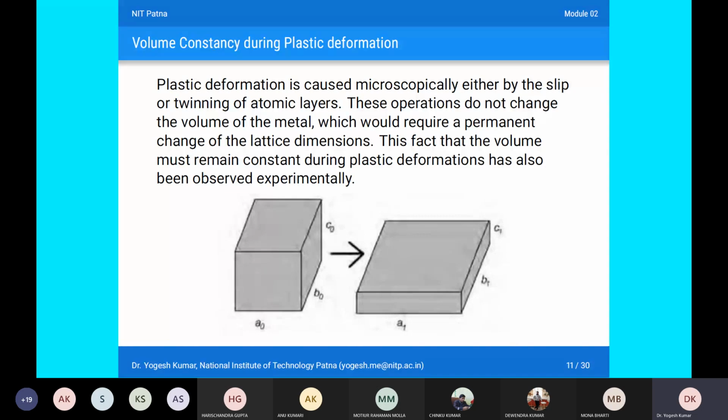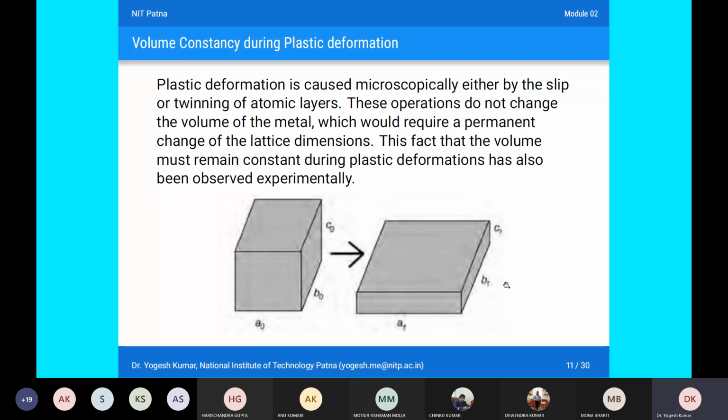Okay, so let us take one example where you are having your initial metal block which is having the dimensions A0, B0, C0. Okay, and it is being converted to another shape and size. You are increasing your length, that is A1.